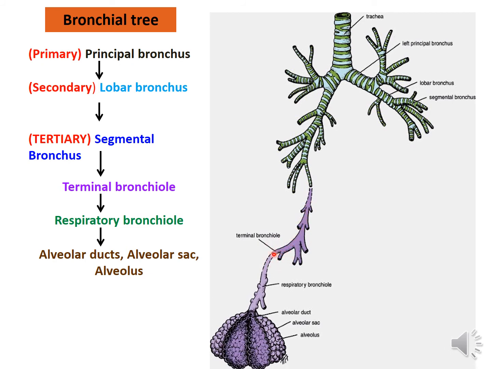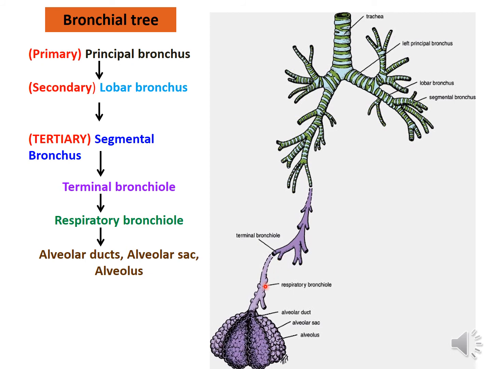This terminal bronchiole further divides and forms the respiratory bronchiole. I mean to say the lowermost division is the respiratory bronchiole, and just before that, the portion of the bronchiole you see is the terminal bronchiole.